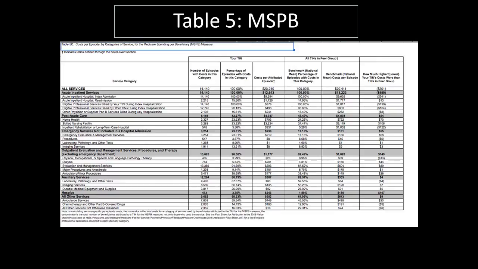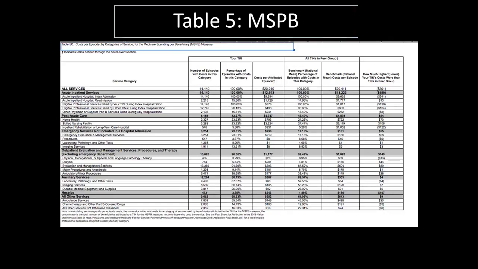Table 5 gives us Medicare spending per beneficiary. As I mentioned previously, this is really around episodes of care, so not the entire spend for the year, but really around a more discrete episode or hospitalization. And again, this also gives a specific breakdown as to the various domains of cost and provides an organization an opportunity to see where they benchmark.